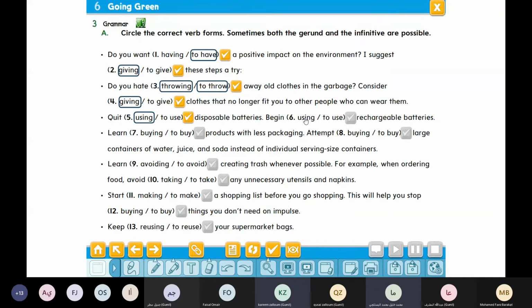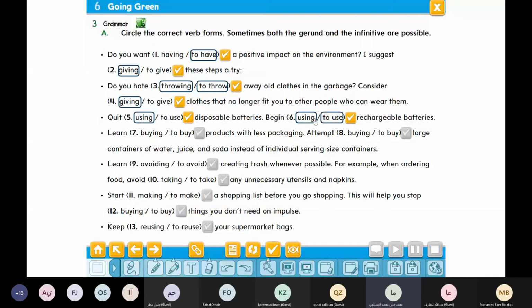Begin here comes with gerunds and infinitives. So we use using or to use rechargeable batteries. And quit here must be followed by the ing form, the gerund. Begin, we use both, using or to use. Good.